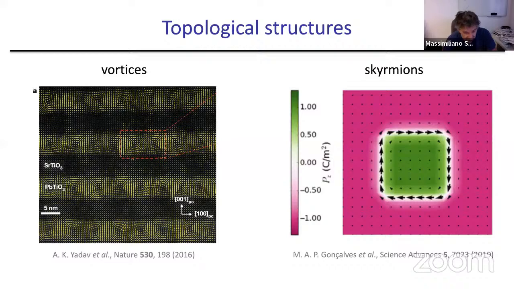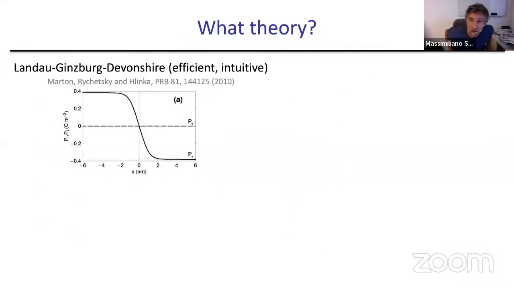So there are a lot of interesting things happening at domain walls, and we want to understand them from the point of view of the theory. And the question is what theory to choose to achieve the best theoretical descriptions.